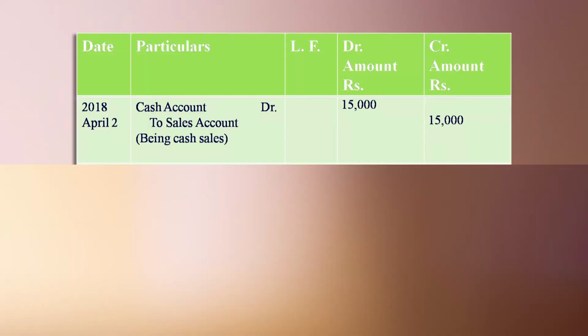And the final journal entry is cash account debit to sales account 15,000 rupees. So here, as you see, in the debit side we have written 15,000 and in the credit side we have written 15,000. So as per the dual aspect concept, debit and credit both the sides are equal.